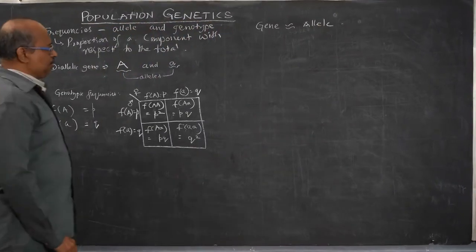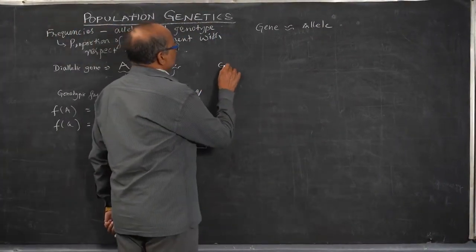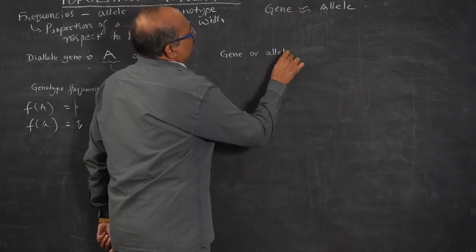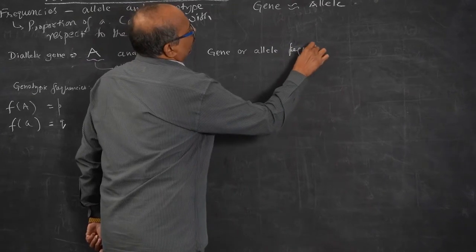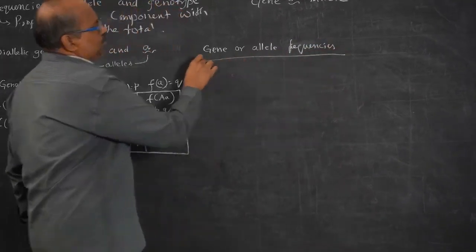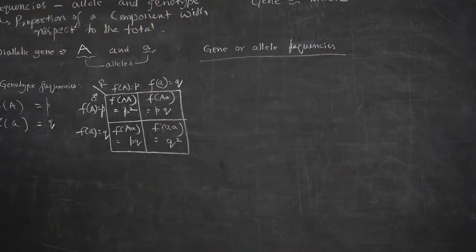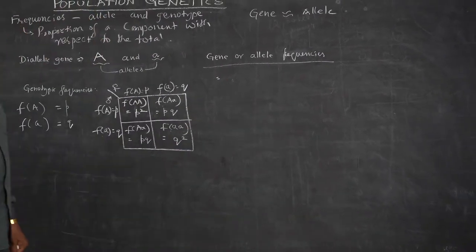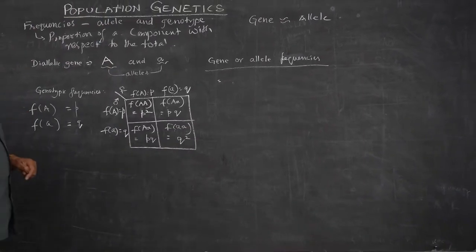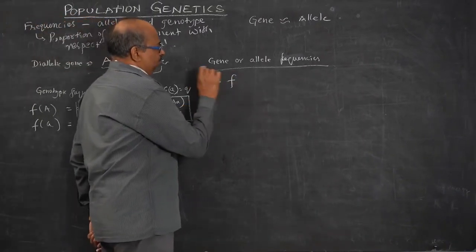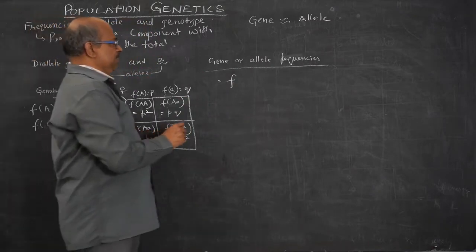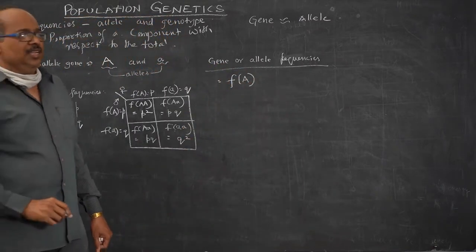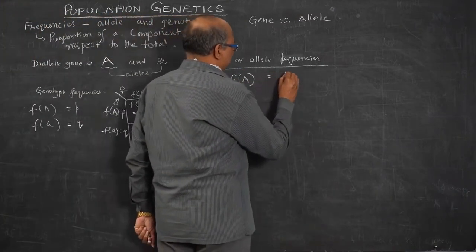So now how can we distribute these gene or allele frequencies? First we take the dominant allele frequency, the allelic form capital A. This we have given as small p.